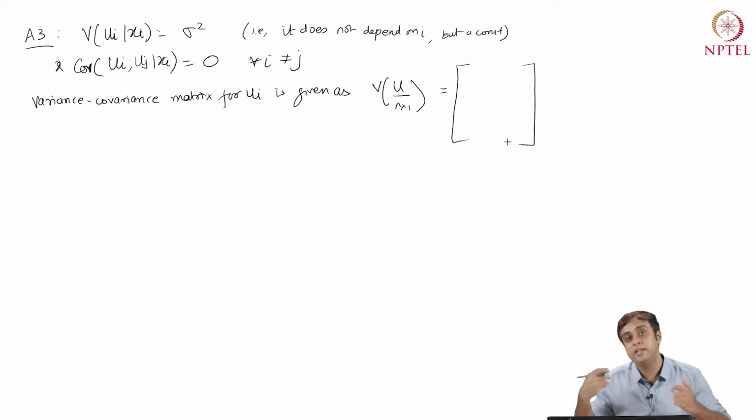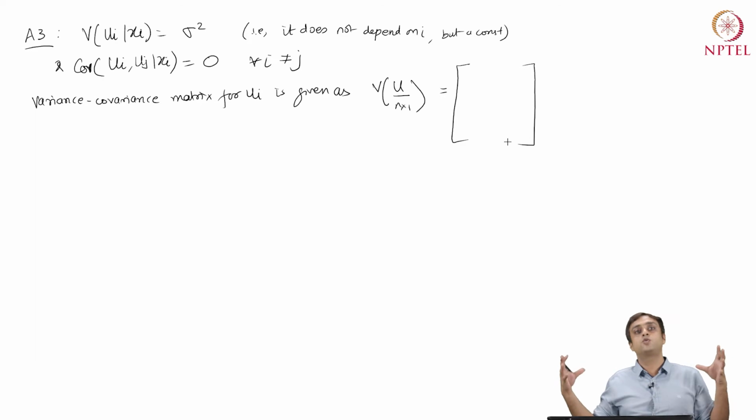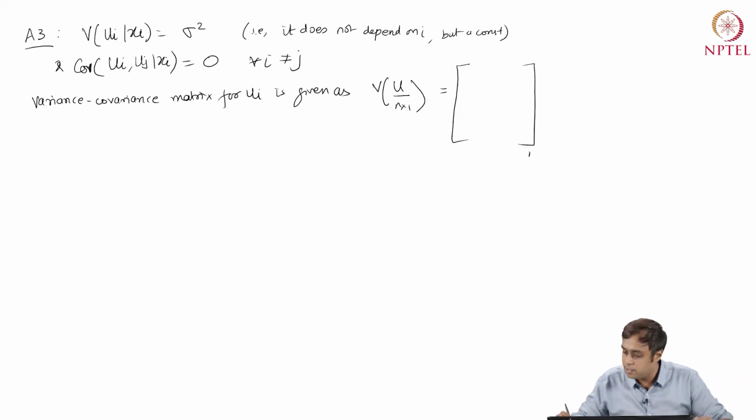We have seen that the variance covariance matrix is a square matrix of size n by n if it is a variance covariance matrix of an n by 1 vector, where the diagonal terms are just the variance terms and the off diagonal elements are covariance terms.